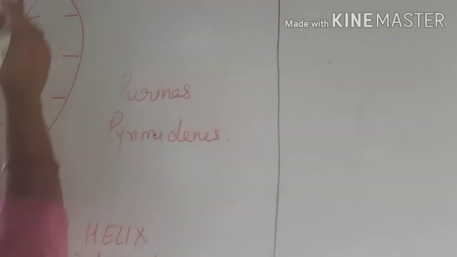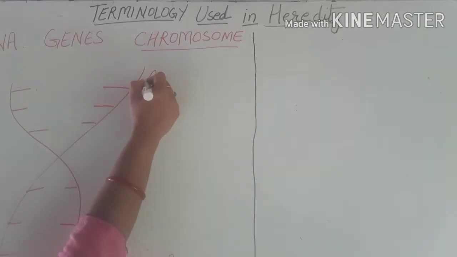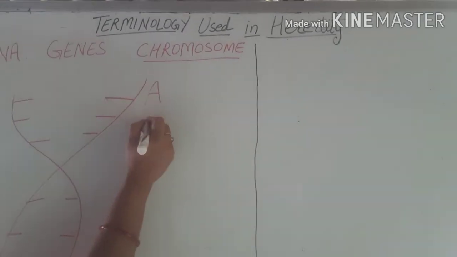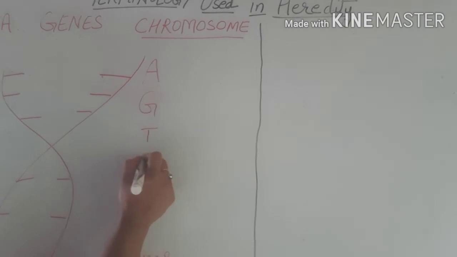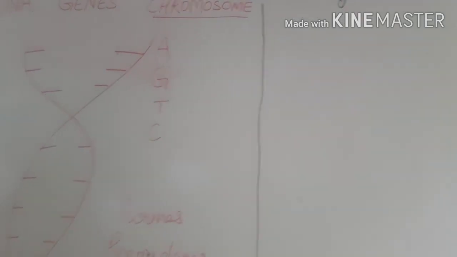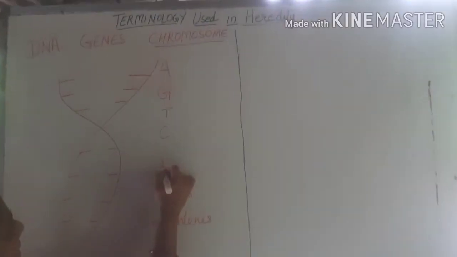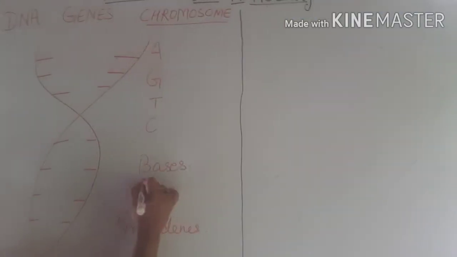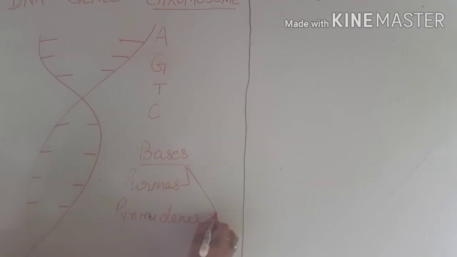You will see them denoted with the symbols A, G, T, C. These are all bases. Another name for the purines and pyrimidines is bases.